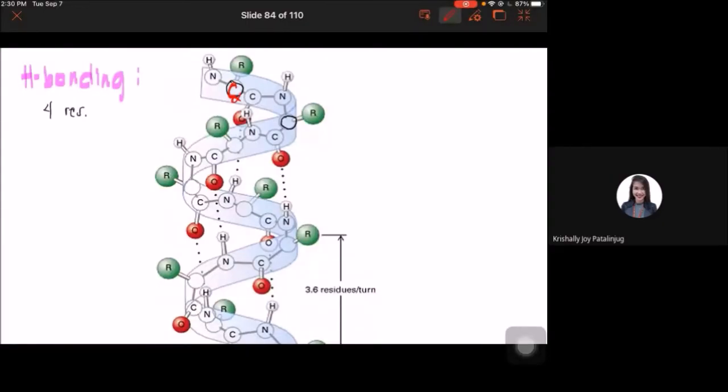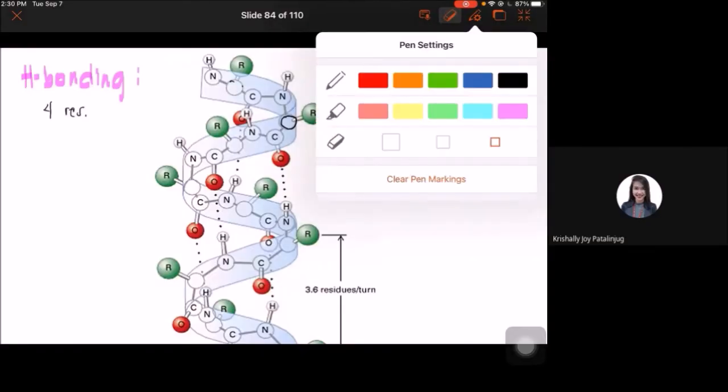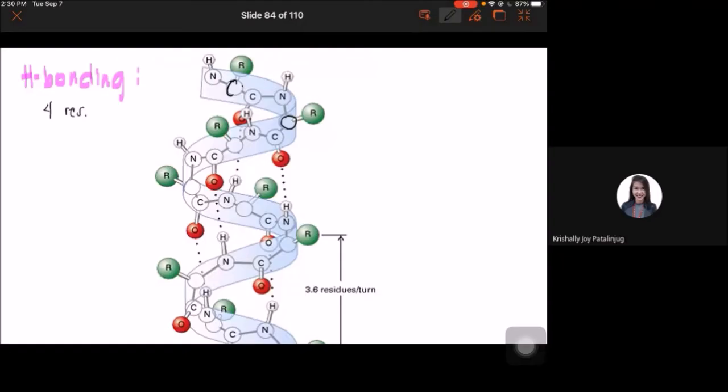Ayan, so this is alpha carbon, and we all know na yung alpha carbon, it is being surrounded by R group. So, you have here the R group. Meron siyang N-terminus, the non-reacting N-terminal.